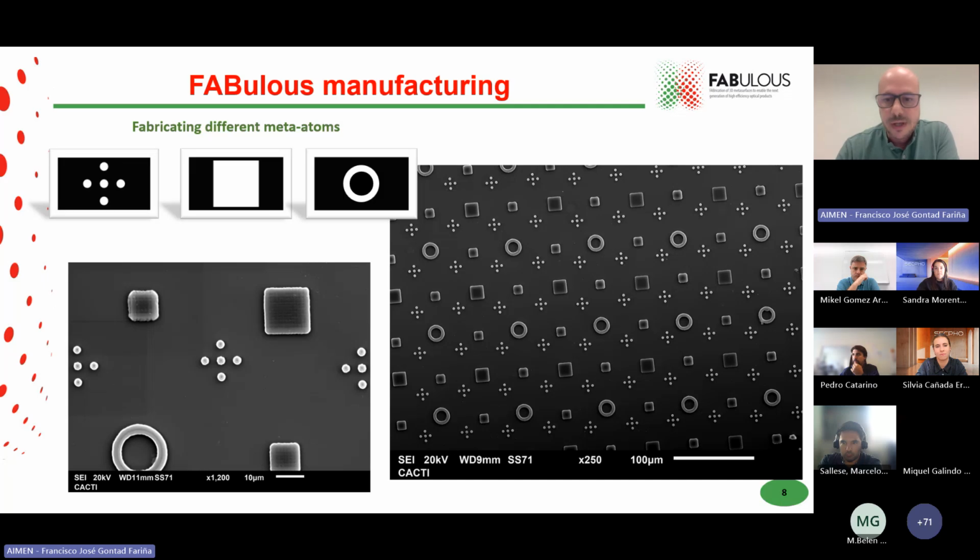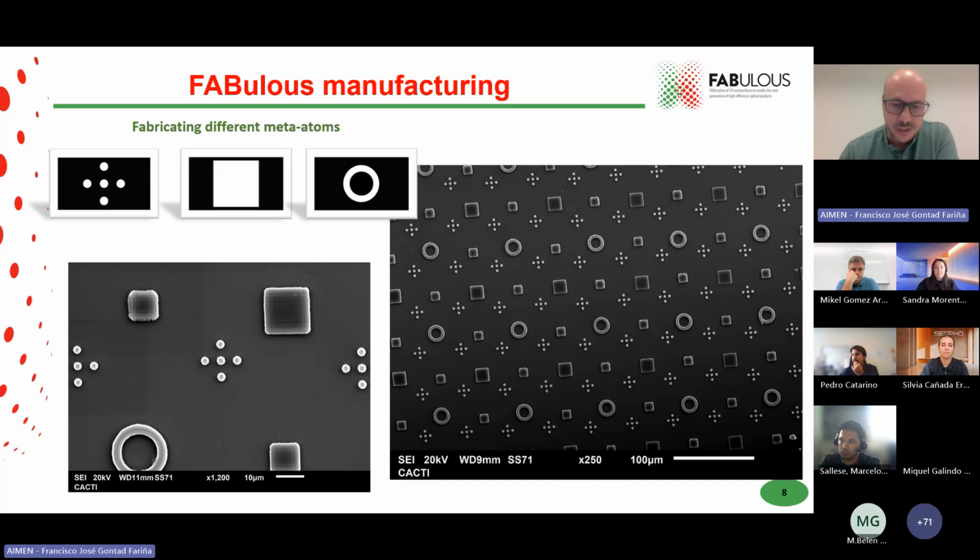reliable. We can fabricate these kinds of structures on large areas with very good repeatability, as we can observe here in these scanning electron microscope images on the right side, where we have been able to project at the same time each of the annular structures, each of the square structures with different sizes, and the cylindrical structures with an average of 5 spots, one close to each other, with a similar size along the whole surface of the structure.